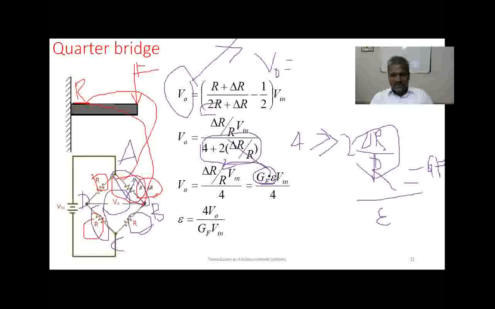Since the gauge factor is constant, V in is constant, and 4 is constant, V naught is directly proportional to the strain. So the strain value detected by this bridge is 4 times V naught divided by gauge factor into V in.